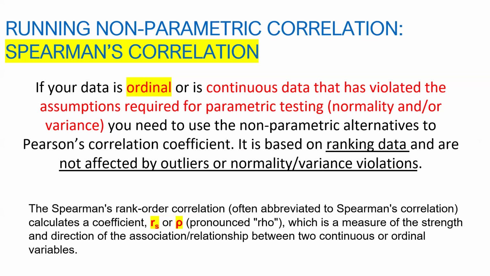So if your data is ordinal, or one of the two variables that you have would be ordinal, or if both of them are continuous, or in that sense would be in the interval or in the ratio level, then we may possibly use the Spearman's correlation if your continuous data has violated the assumptions required for the parametric testing, which has something to do with the bivariate normality, and also if they do not follow the linear relationship, or there is at least a nonlinear monotonic trend existing between the two variables, then you can opt to use the Spearman's correlation.